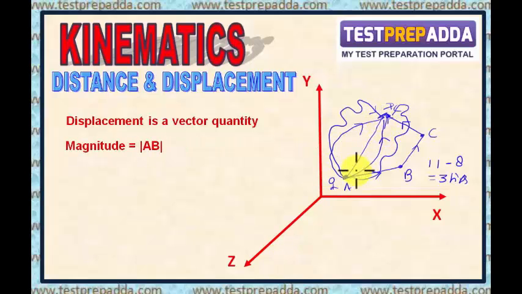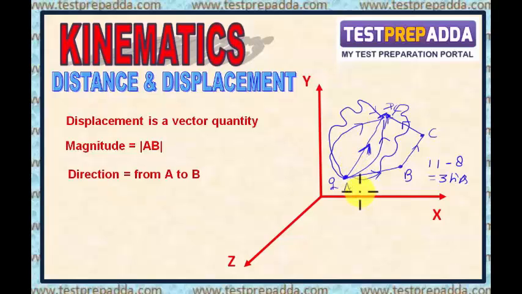Magnitude is the length of the straight line joining initial and final points. And what is the direction? Direction is from initial to final point. Like in this case, this is the direction and this is the length, or you say magnitude, of the displacement.